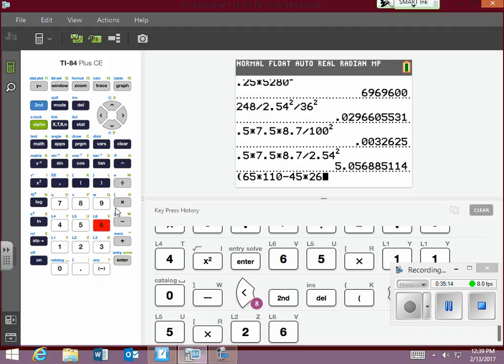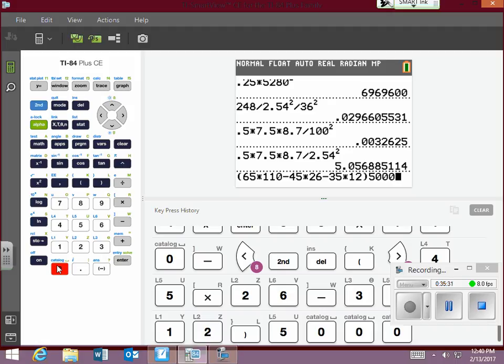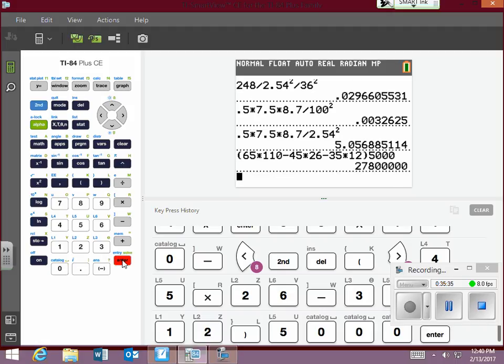And I subtracted 35 times 12, and I have to close my bracket and divide by 5,000. So I didn't multiply.